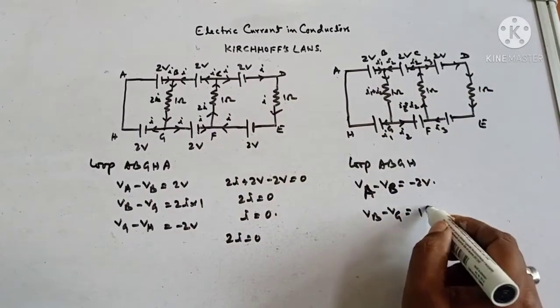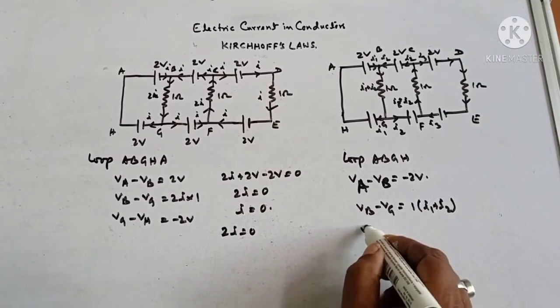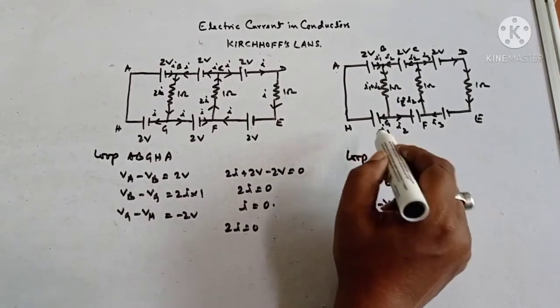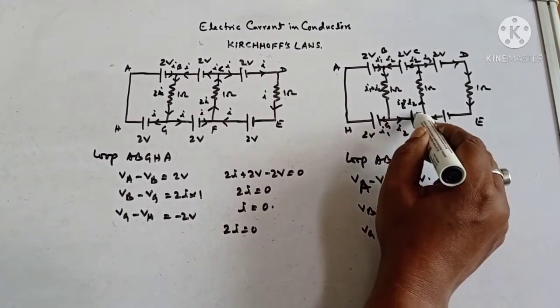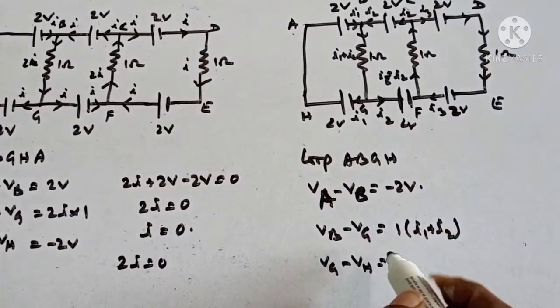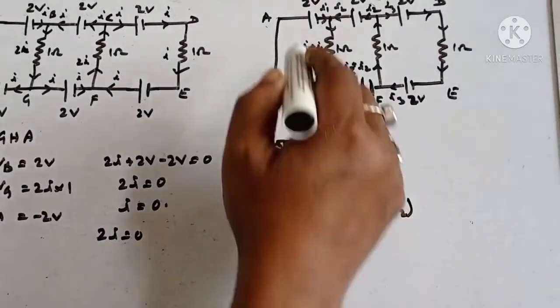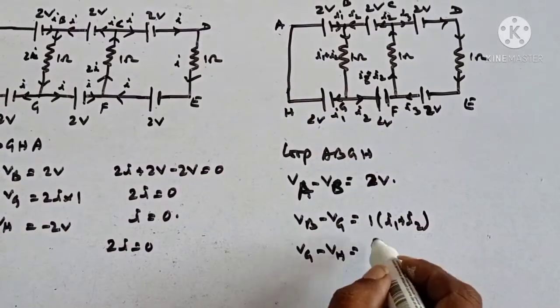So 1 into I1 plus I2, and then VG minus VH, this will be from lower to higher, also 2 volt. These are all 2 volt batteries. Higher to lower is positive, and lower to higher is negative.